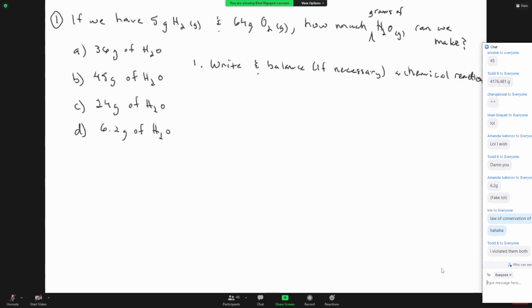When I think of writing and balancing a chemical reaction, I think of it as the blueprints for how this chemical reaction is going to play out. How many parts of one thing do I need, right?